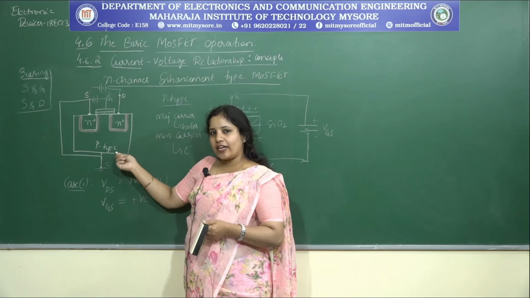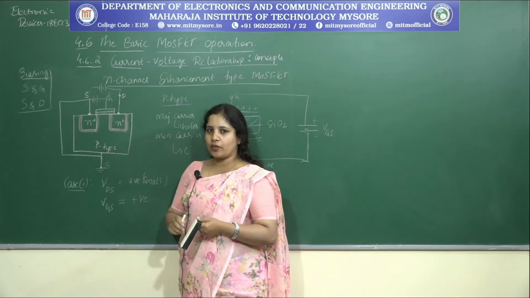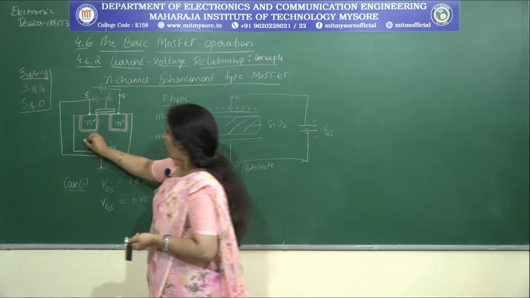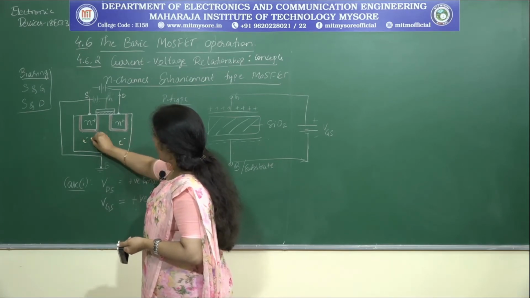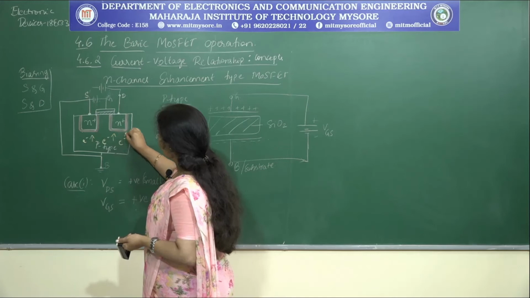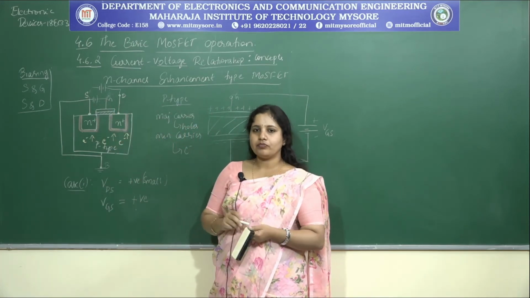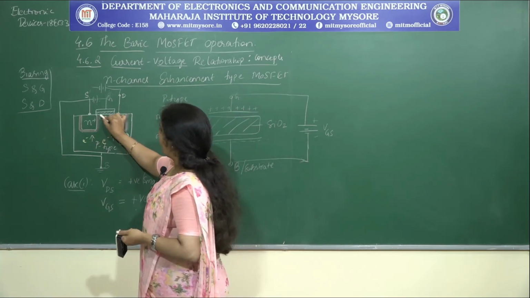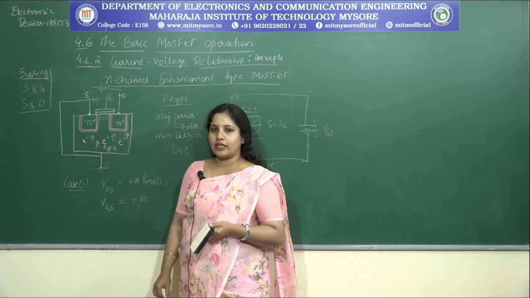They are negative carriers, therefore they tend to get attracted towards the positive terminal, that is the positive potential. As a result, whatever electrons, that is the minority carriers that we have, tend to get drifted towards the positive terminal of the gate. Done. As a result, there is an accumulation of the negative charges.